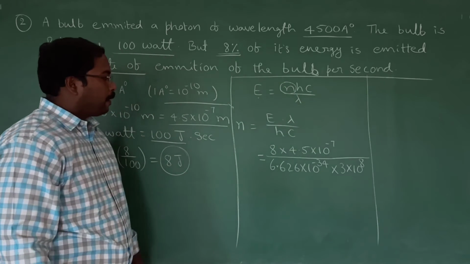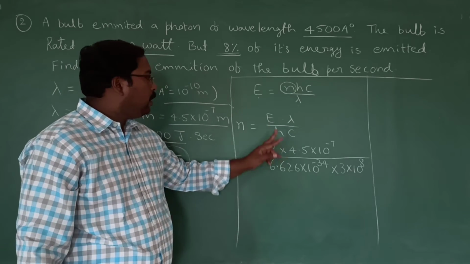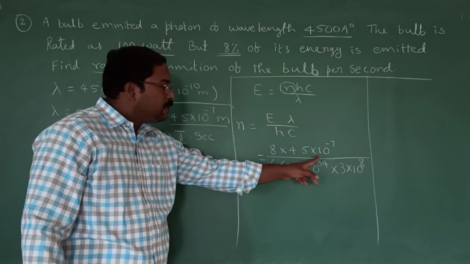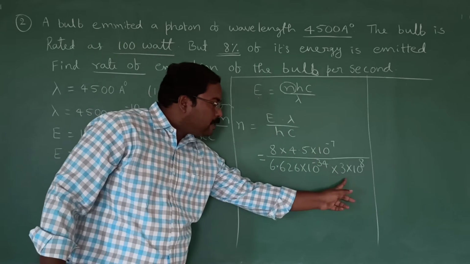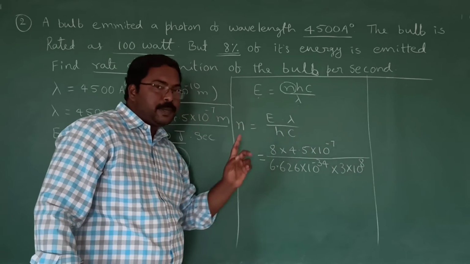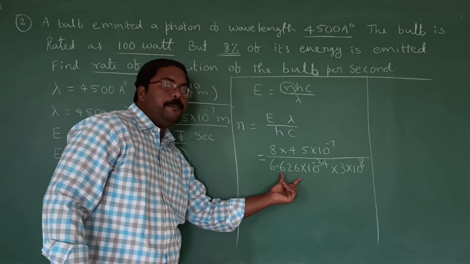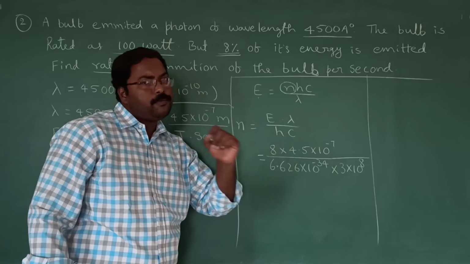Okay? Got it? The E value was already given in the question. Lambda is in terms of meters, velocity of light in terms of meters per second, and Planck's constant is taken in terms of joule seconds.